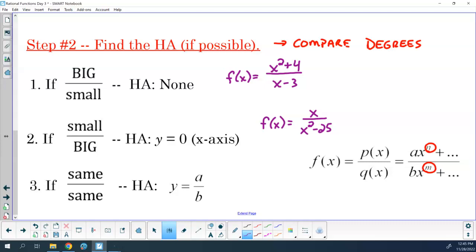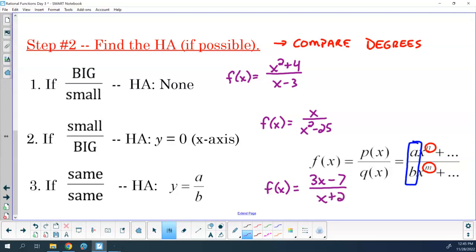Okay? Now, if those degrees, if the biggest exponents are the same, then we compare these two numbers right here, A and B. That's where we get the A and B from. And our horizontal asymptote then is y equals A divided by B. So for instance, this would be something like f of x equals 3x minus 7 all over x plus 2.